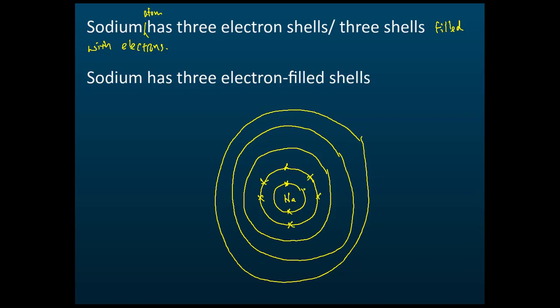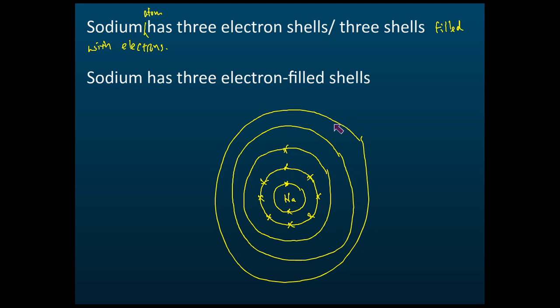It actually has 7 shells, but only the first 3 filled with electrons. Only the first 3 filled with electrons doesn't mean that the 4th, 5th, 6th, and 7th shells don't exist. They are still there. The shells are there, but they're not filled with electrons.